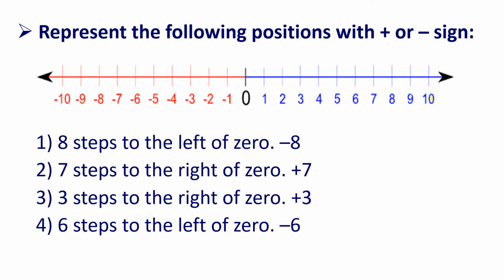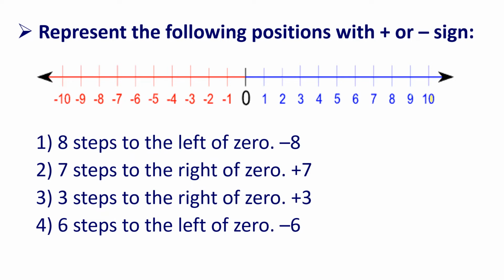Now students, represent the following positions with plus or minus sign. Children, you can see the number line is shown. Let the steps to the right of 0 be represented by plus sign and to the left of 0 be represented by minus sign.